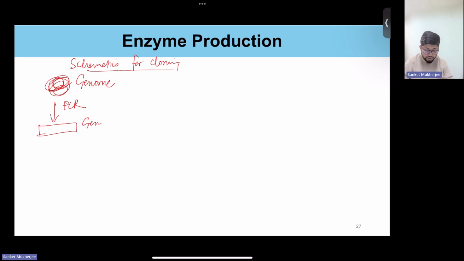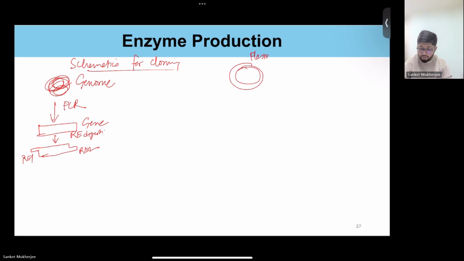You cut this gene with restriction enzymes to get sticky ends. So this will be RE1, this will be RE2. Similarly, you will also have a plasmid. You will again digest this plasmid using restriction enzymes, and you will get something like this.